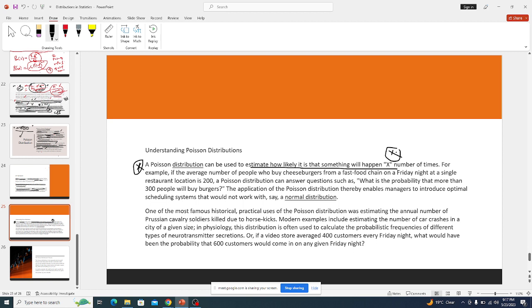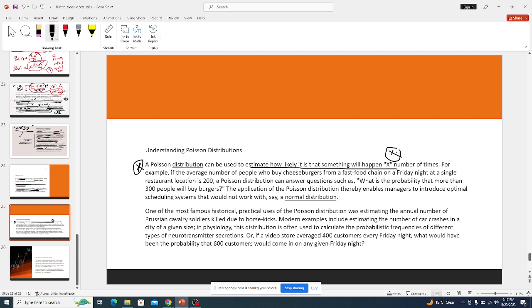So what are some of the questions that the Poisson distribution can answer, depending on that data?